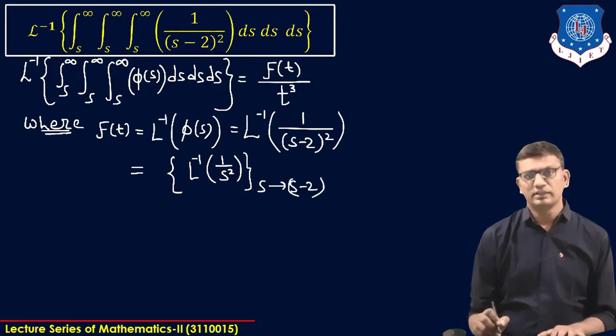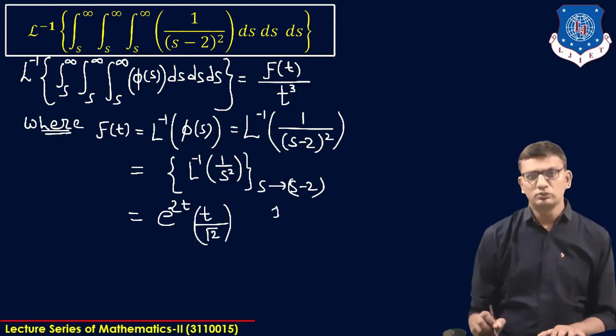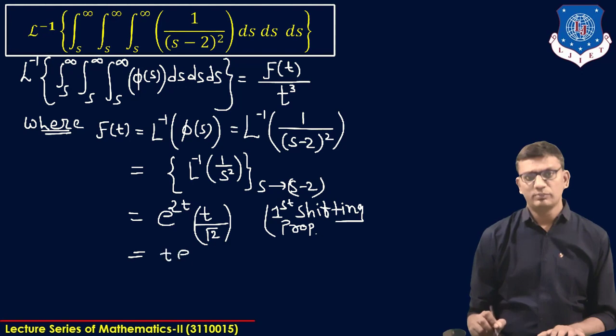That means we have to apply the first shifting property. Here we know the inverse Laplace of 1/s² is t/Γ(2), so e^(2t) by the first shifting property.